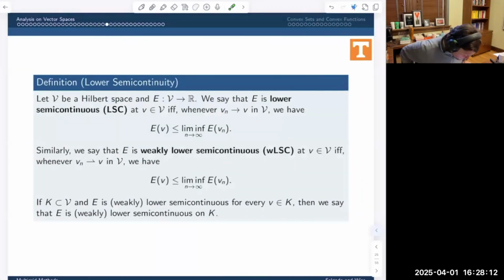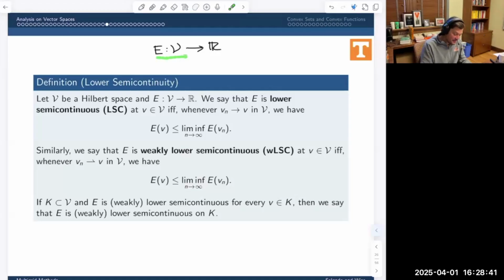For the most part, we're going to be interested in nonlinear functionals. And what do we mean by that? V could be a Hilbert space or a Banach space, but we're going to stick to the Hilbert space case, a mapping that takes points in the Hilbert space and maps them into R. And we're not going to assume anything about this function being linear or bounded or anything like that.